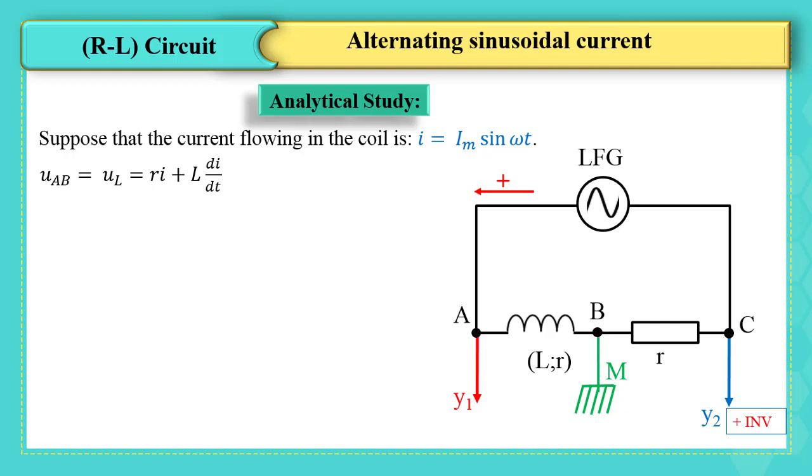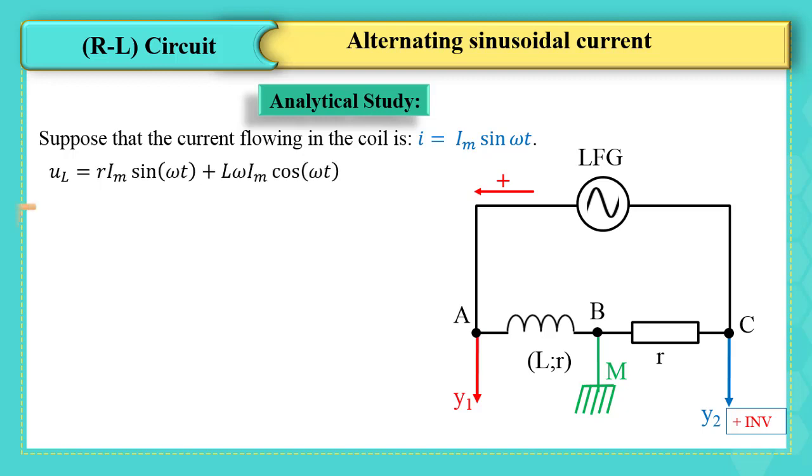And the voltage across the coil, according to Ohm's law, UAB is equal to ri plus L di over dt. Then, by replacing the expression of i and the expression of di over dt, the voltage across the coil UL becomes equal to r Im sine omega t plus L omega Im cosine omega t.